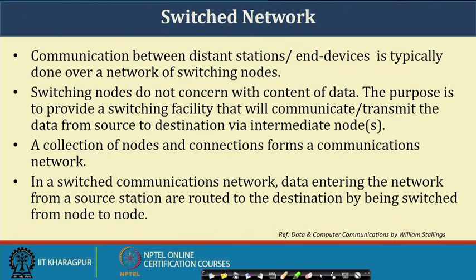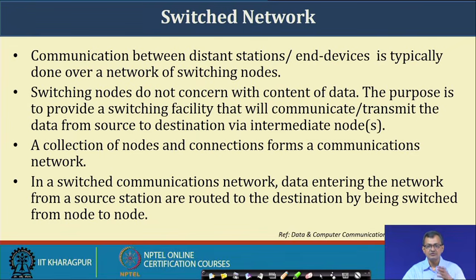So, what we are discussing is a switched network. Communication between distant stations or end devices is typically done over a network of switching nodes. Some intermediate nodes are switching nodes, which allow me to switch, or in other words, we find a path between the source and destination.